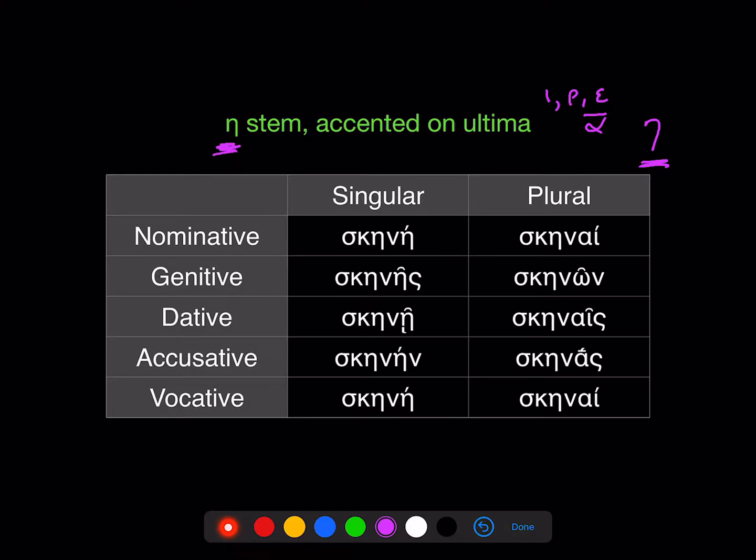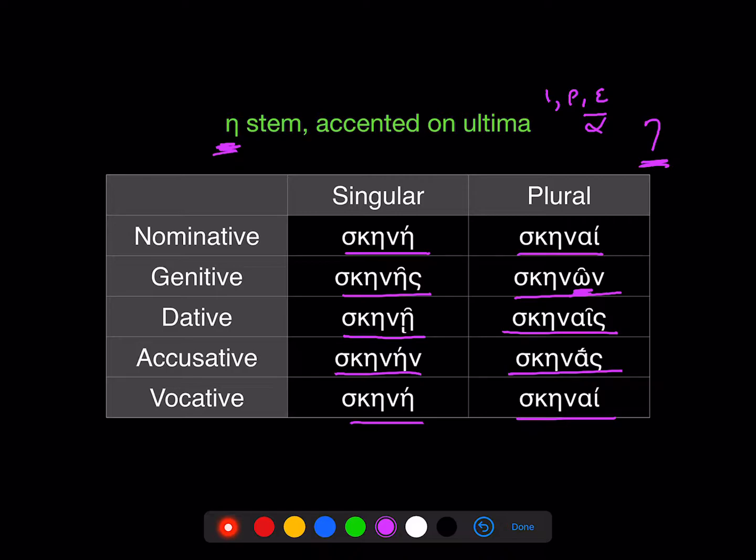So skene, skenes, skene, skenen, skene. A little different, right? It's got the eta instead of the long alpha. And then the plural, exactly the same as the long alpha stems we already saw. Skenai, skenon, with the circumflex over the omega. Skenais, skenas, skenai. Okay, so the plural, exactly like the ones we've seen before. The singular, we have eta instead of long alpha.